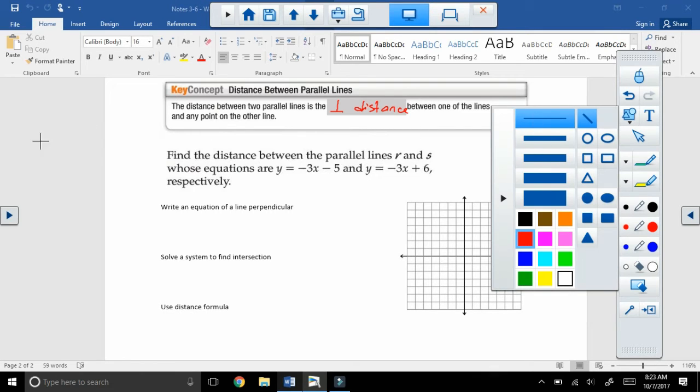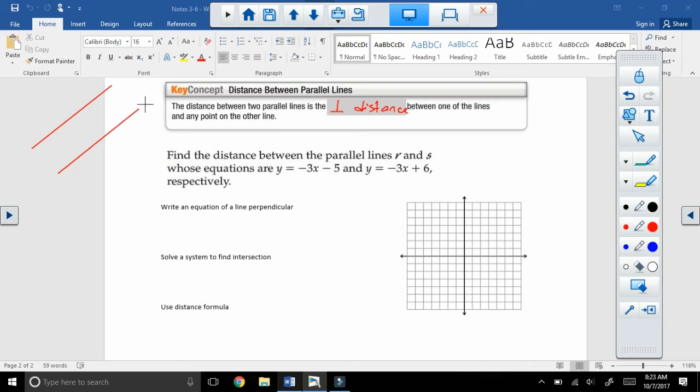If I'm looking at a couple of lines, I could pick any point and come up with that perpendicular distance, or I could do it over here, or I could do it over there. All of those distances are going to be the same. It kind of looks like a ladder, where all of the rungs are the same distance, or maybe like train tracks. All of those are going to be the same distance across. You could measure one and just know that it's like that for all of them when we have lines that are parallel. I'll show you some places where it'll be easier to find that distance.